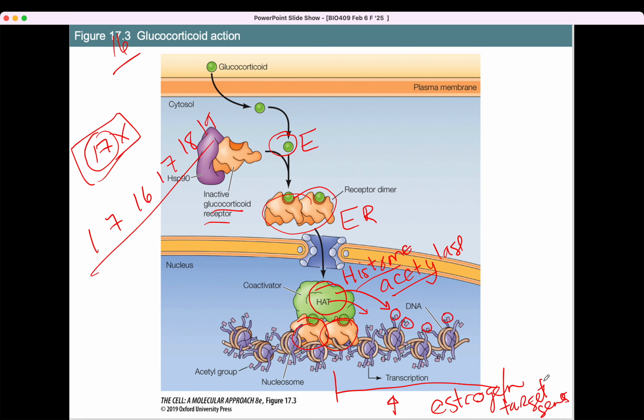So we'll have one specific target gene that we'll learn about of the estrogen receptor that gets activated in females, and that's related to maturation of female reproductive development. But for now, these are just a bunch of estrogen receptor target genes.